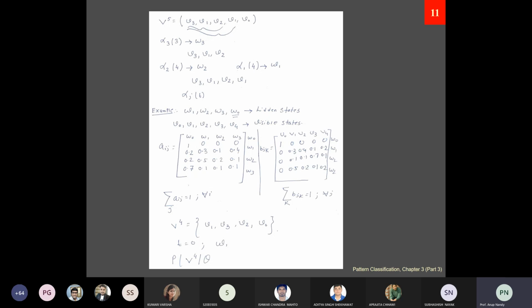Similarly for Bjk, it gives the probability that a particular hidden state, that is W0, will generate an observation symbol. So W0 can generate V0, V1, V2, V3. If you look at this table, this matrix, it is written W0, V0 is 1, but all the other entries are 0.